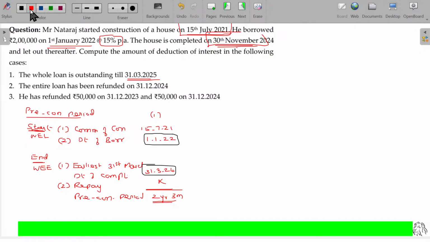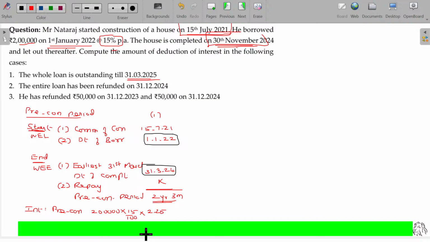Come on. Find out the pre-construction period interest. How much interest of the pre-construction period can be adjusted? The loan amount being 2 lakhs, rate of interest being 15%, and then 2.25 years, right?